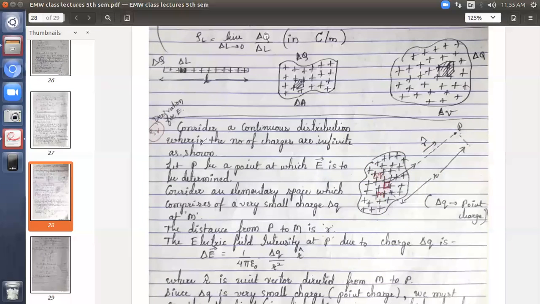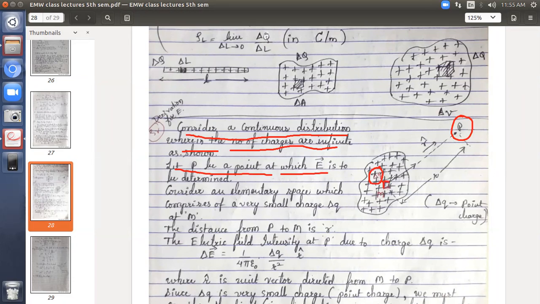This figure I have depicted here. Consider a continuous distribution wherein the number of charges is infinite. P is the point where we need to find the electric field. Now let us consider a small space in which a very small amount of charge delta Q is present.